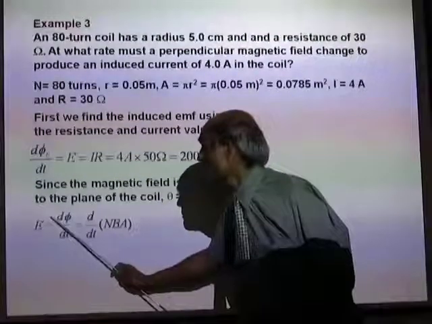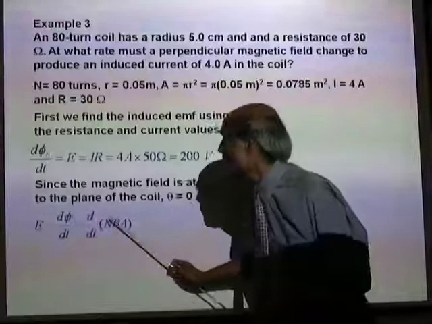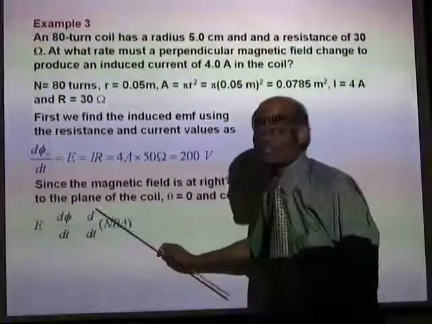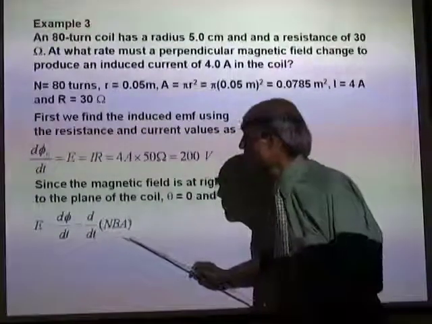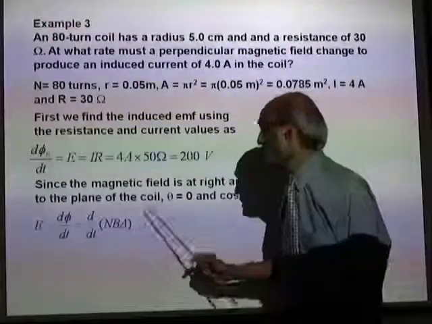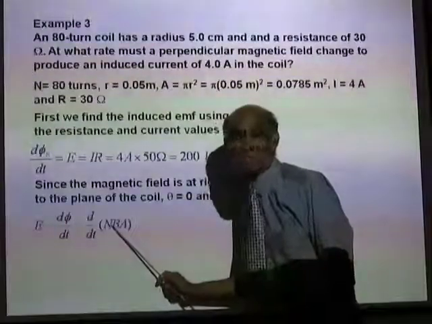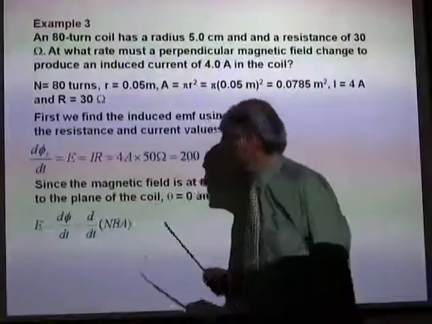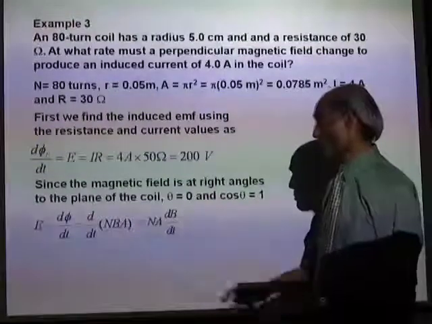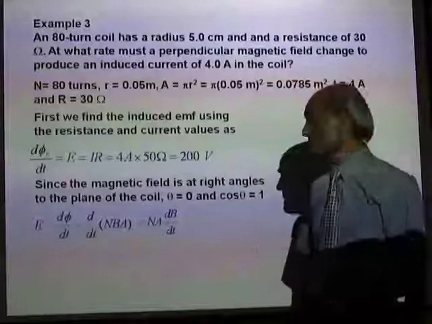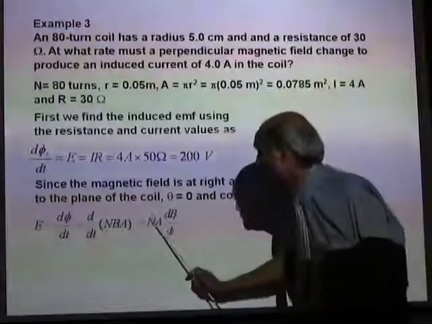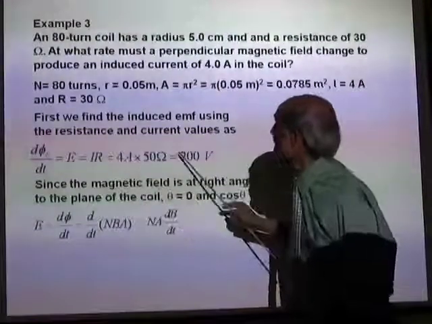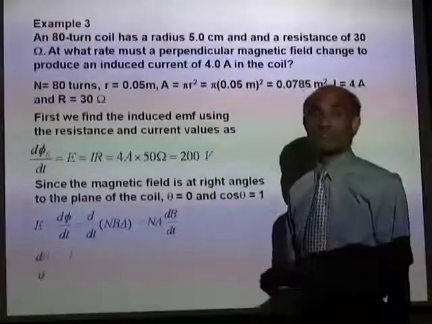So we have d phi by dt. Phi therefore is NBA, and d phi by dt will be d by dt of NBA. And here N is a constant, the number of turns of the coil. A, the area, is a constant, and only B is changing. Therefore, write it as NA dB by dt. And this NA dB by dt equal to E, and you know that E is 200 volts.